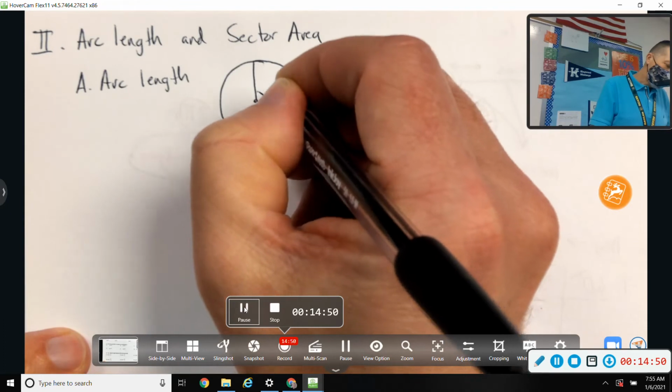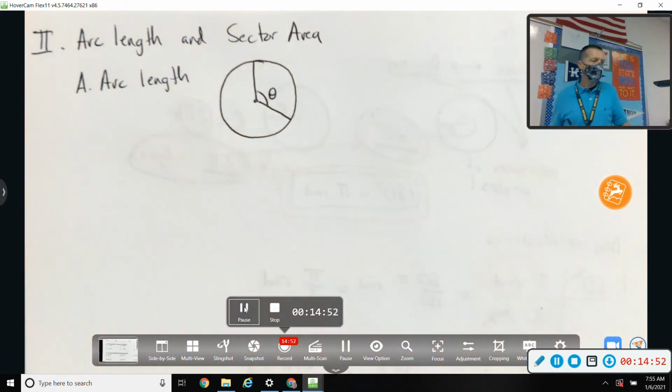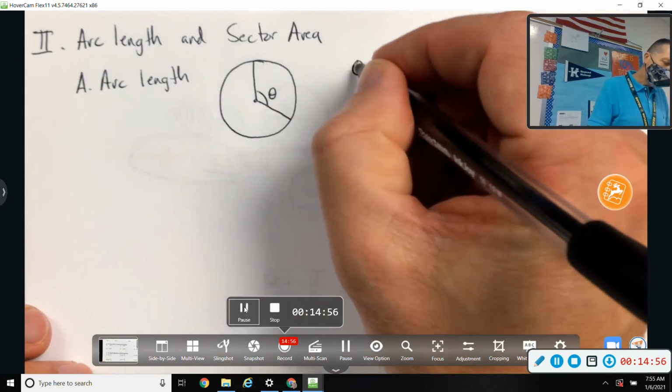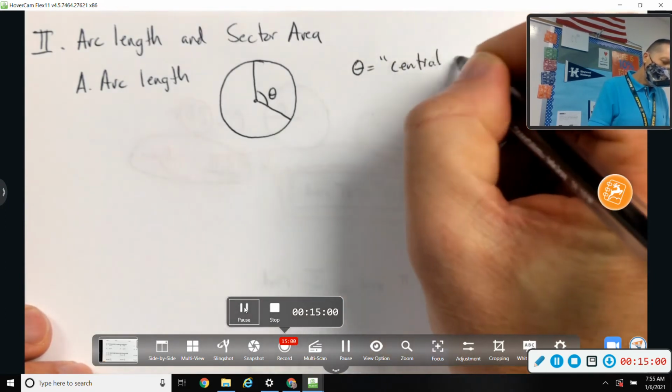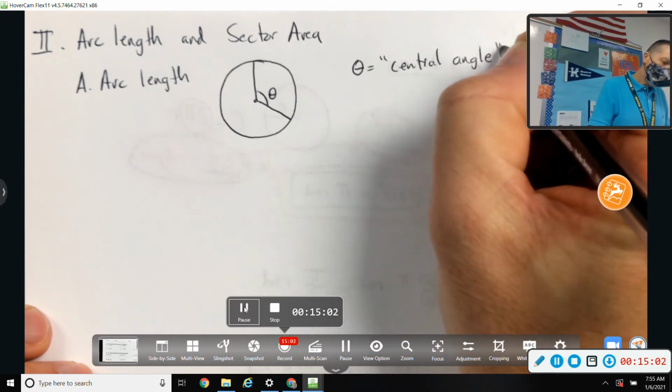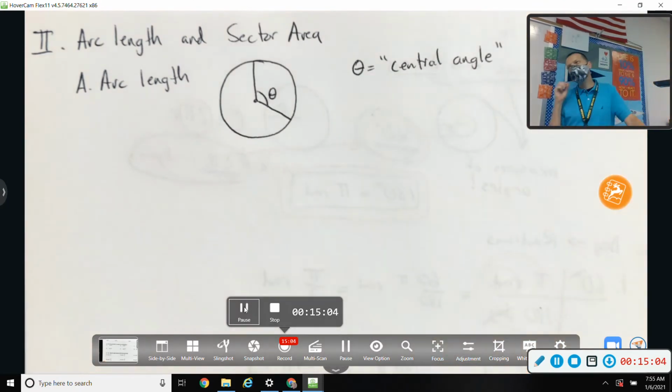We have a circle with a central angle. Central angle just means an angle whose vertex is at the center. So it can't be just any random angle inside a circle. It's got to be a central angle.